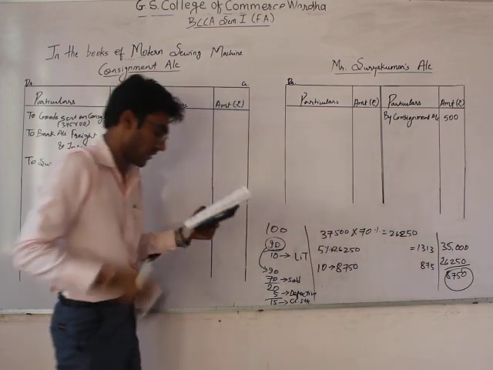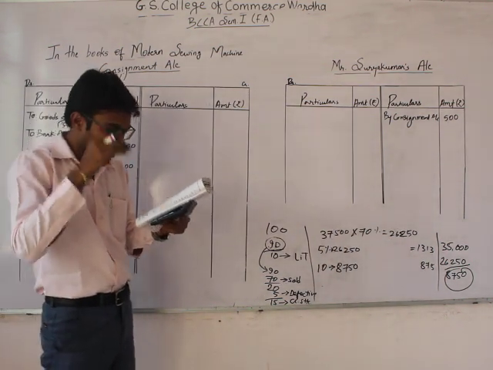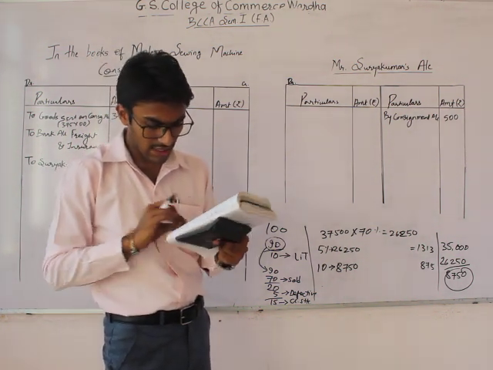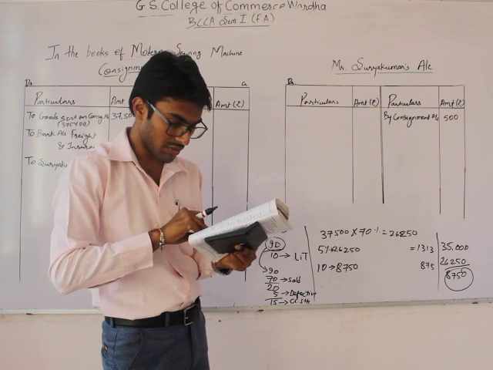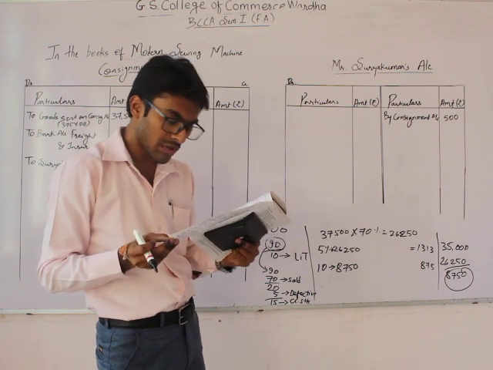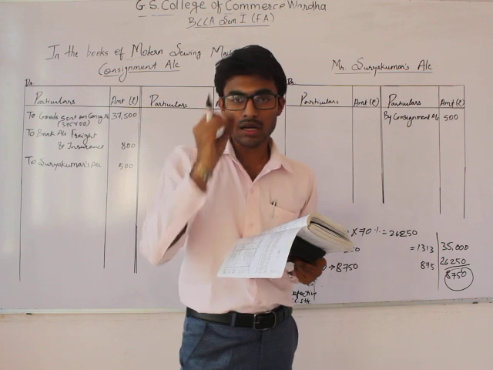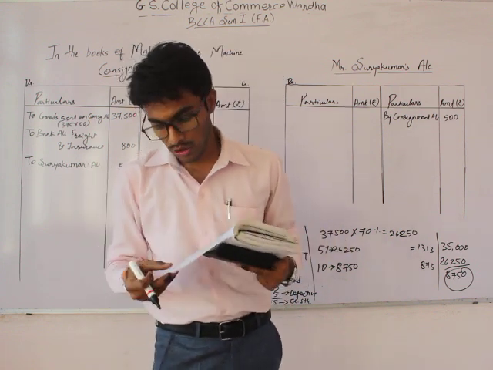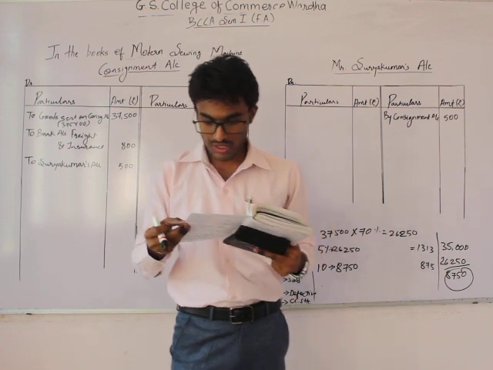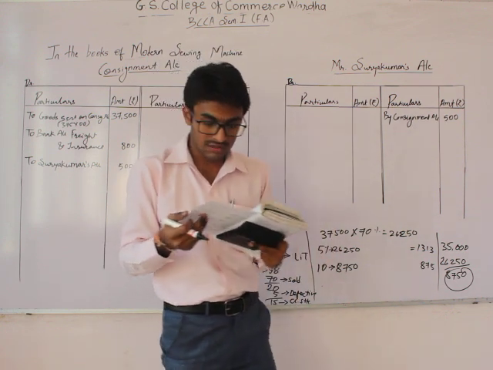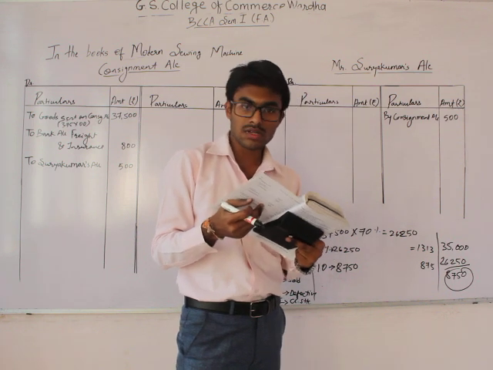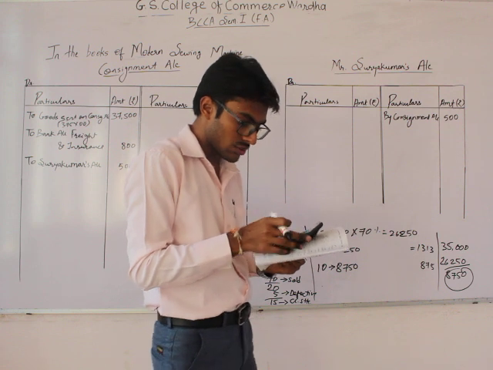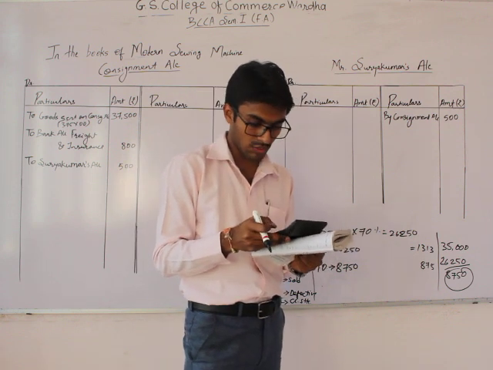Now we have Del Credere Commission. Del Credere Commission is only 1%. On which amount? It will be given on the sold item. The cost price is 300 into 70 units, which will be 21,000.